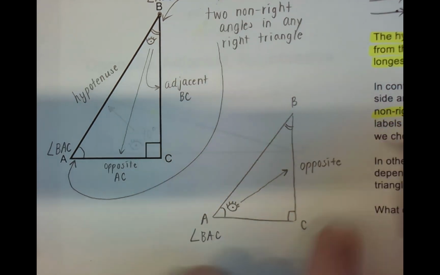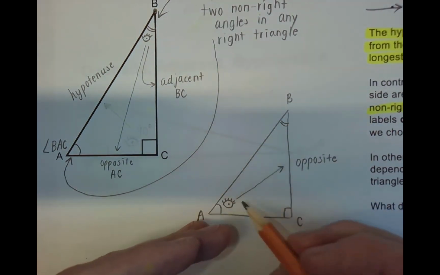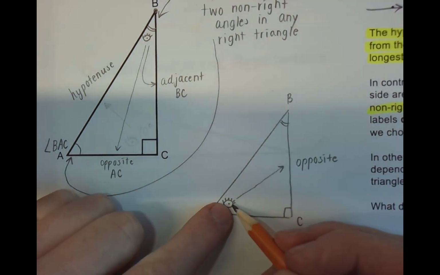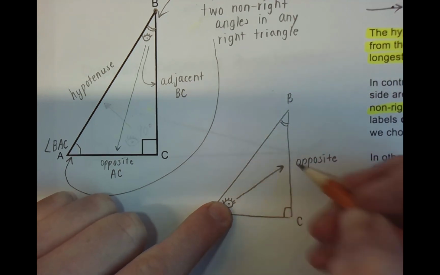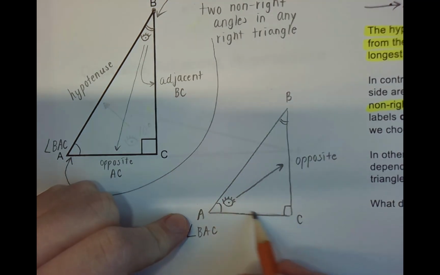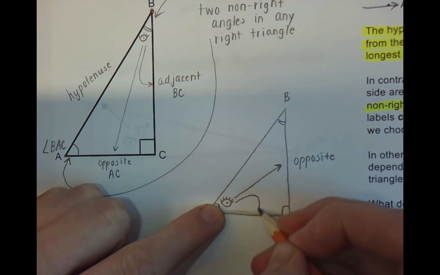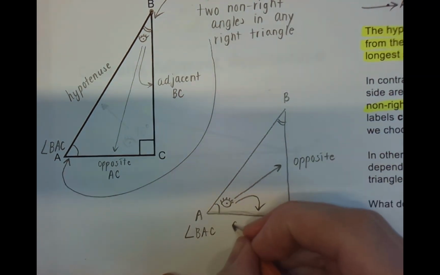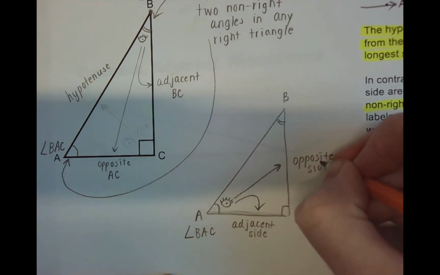This side is opposite to me because that's what I'm facing. It's like you're sitting at the dinner date and this side is what's opposite to you. This side is more so what's next to you, right? It's not actually opposite to you, it's more next to you, which is why that's the adjacent side.